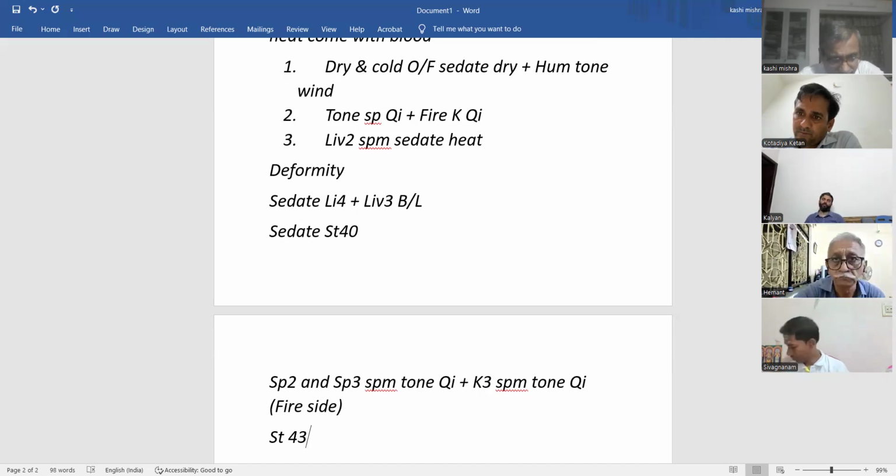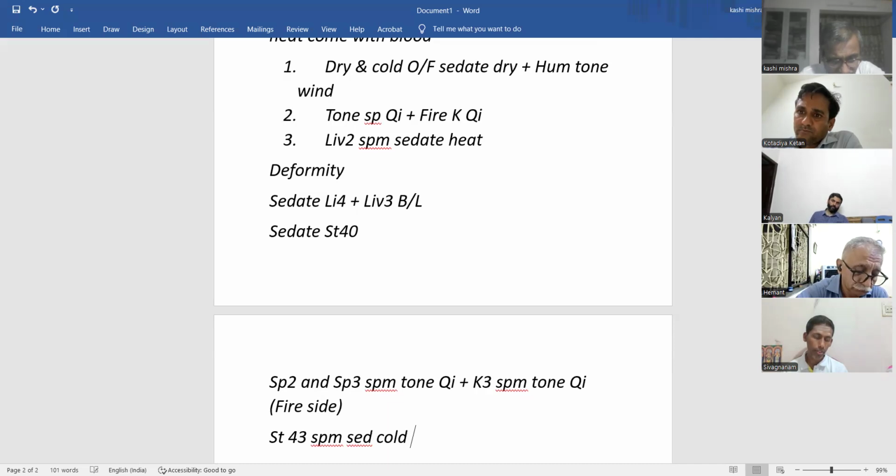SP6 क्या करेंगे? Sedate. Sedate cold, and tone heat, humidity. Is it clear now?